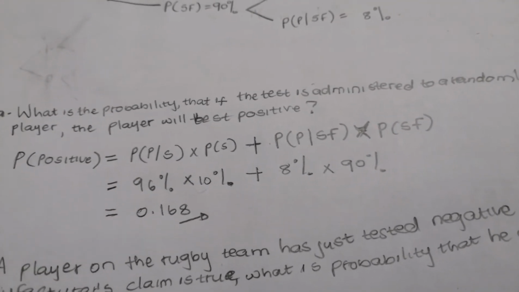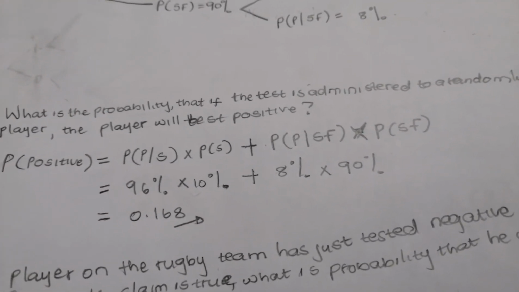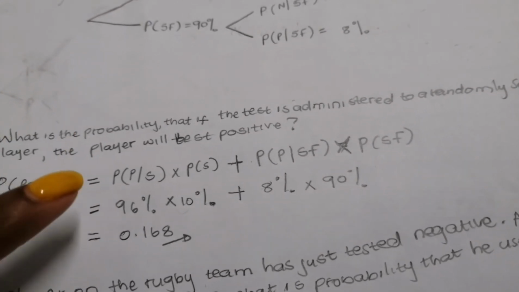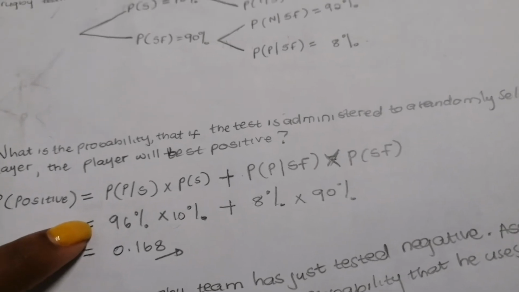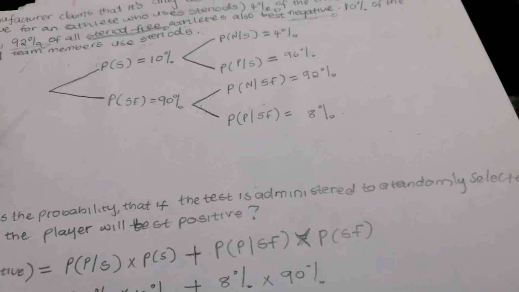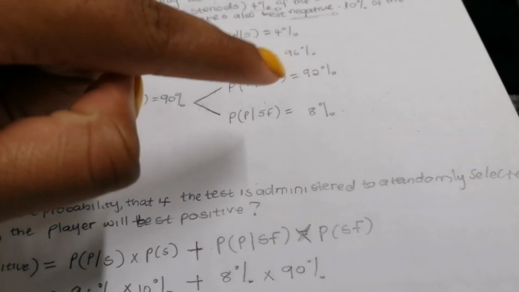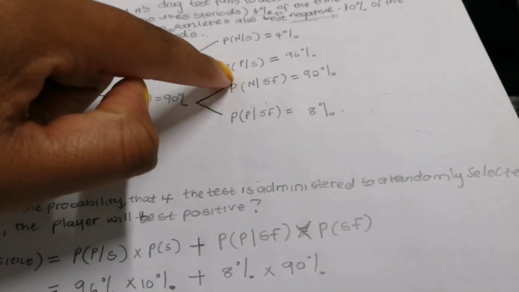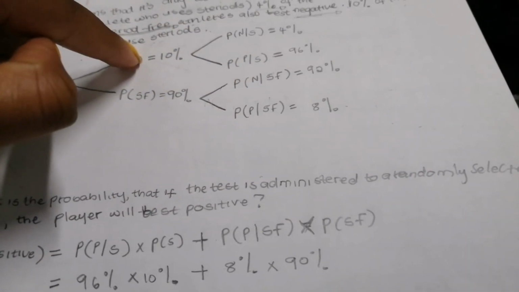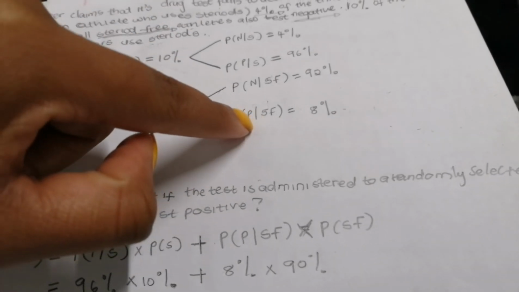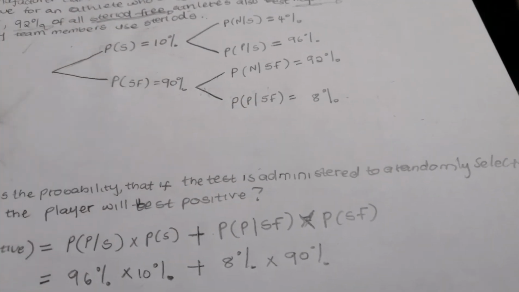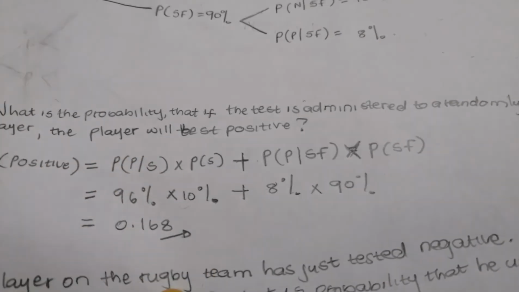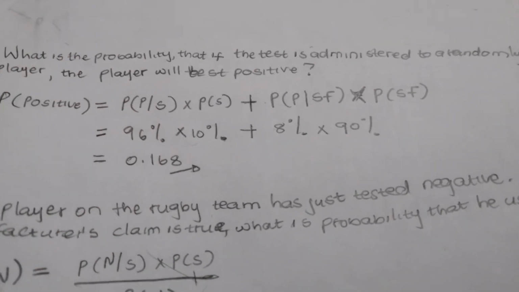So using the law of totality, we know this formula, guys. So you are going to substitute. You are going to take your numbers from the tree diagram. We are going to take this here times this plus this here times this to get the probability of P, right? So this is our answer.